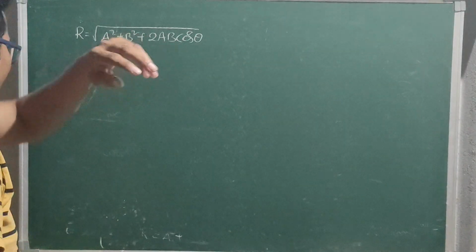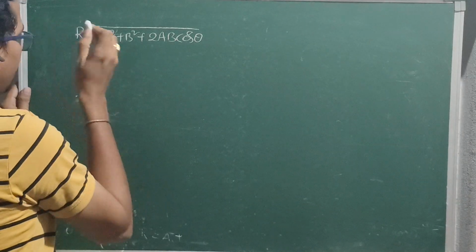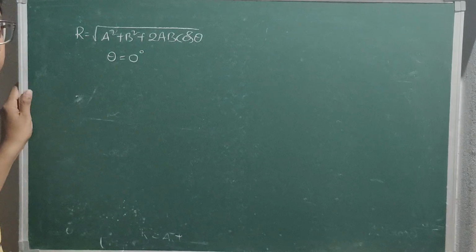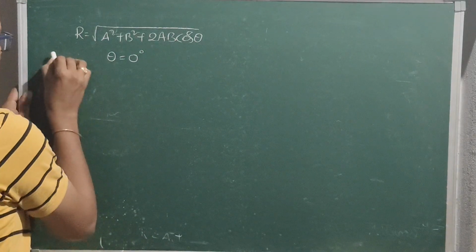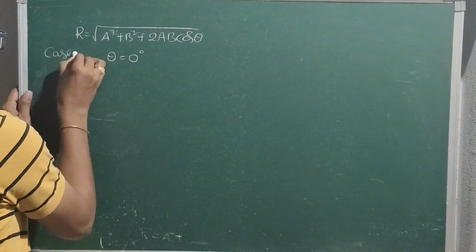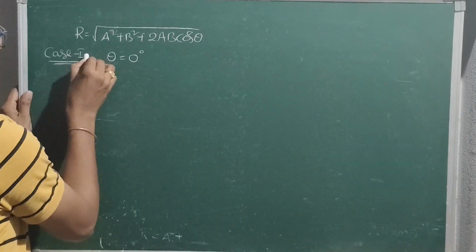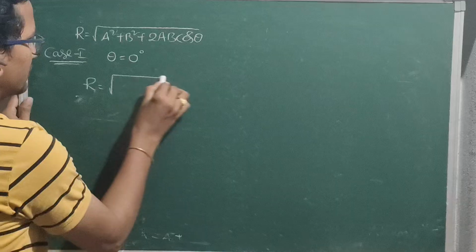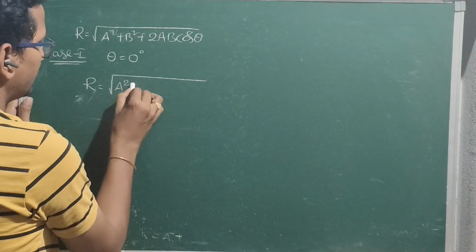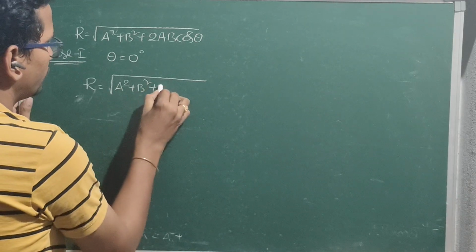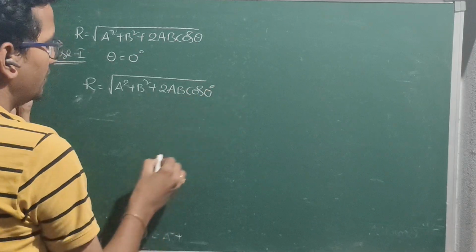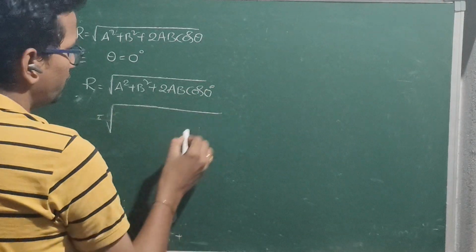For example, if theta is equal to 0 degrees, that is case 1. Theta is equal to 0. Then R is equal to square root of a square plus b square plus 2ab cos 0. What is the cos 0 value? 1.